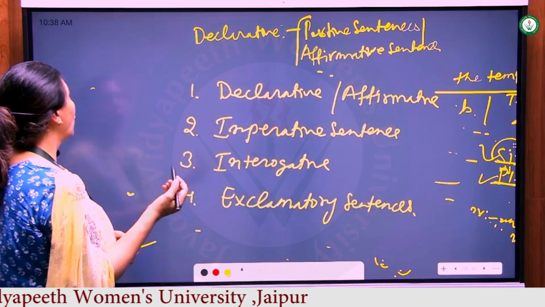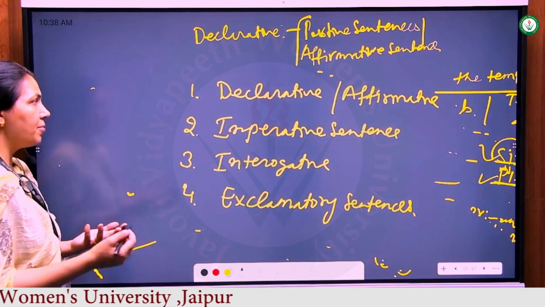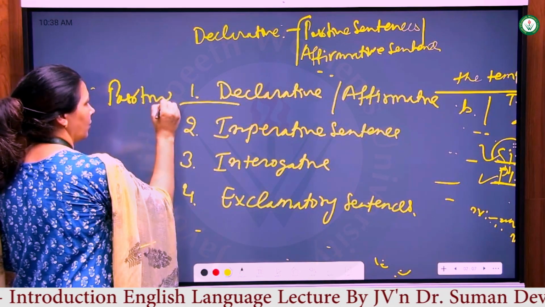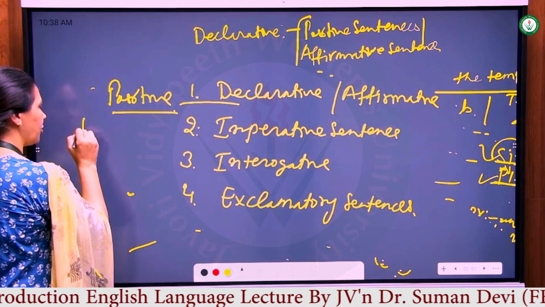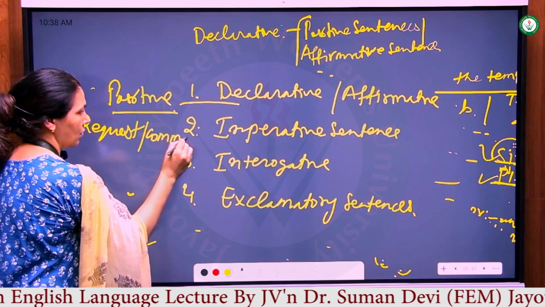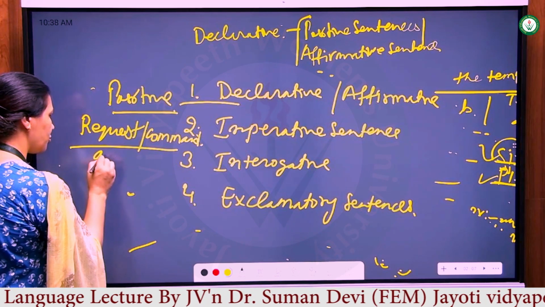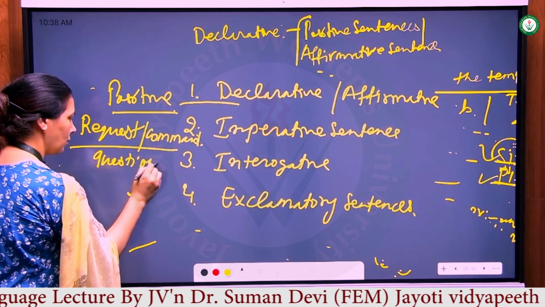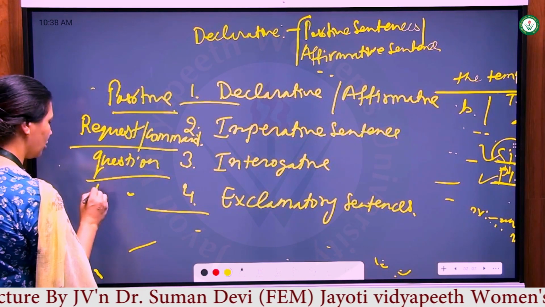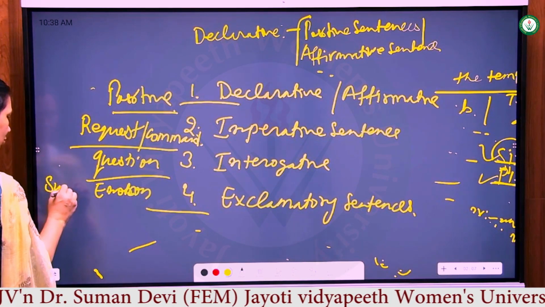So these are the 4 types we have discussed in this session, right? Once again, declarative tells about a positive statement, imperative tells about request or command, interrogative tells about a question, exclamatory tells about a sudden emotion. Emotion, but which emotion? Sudden emotion.